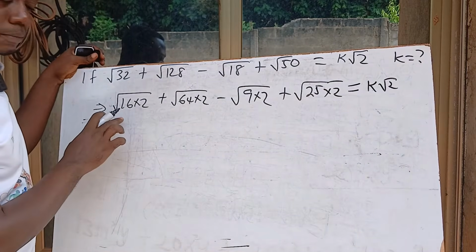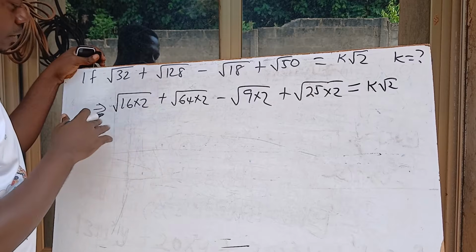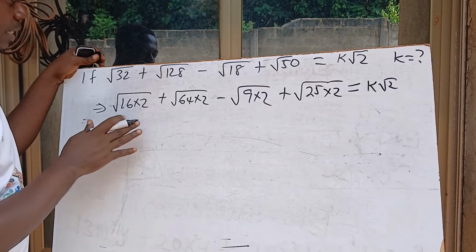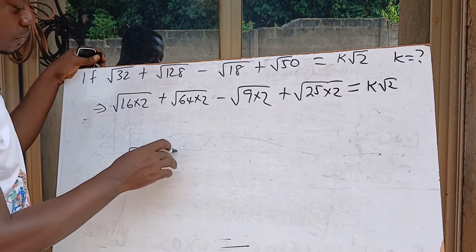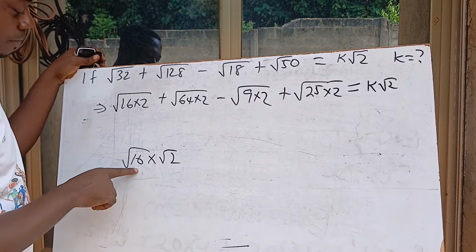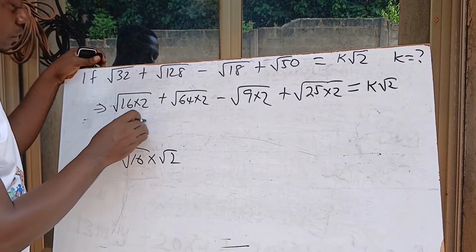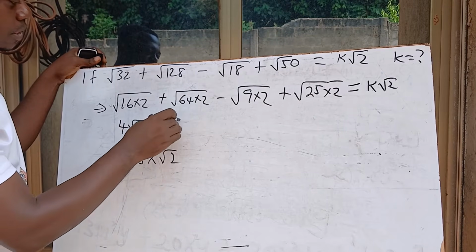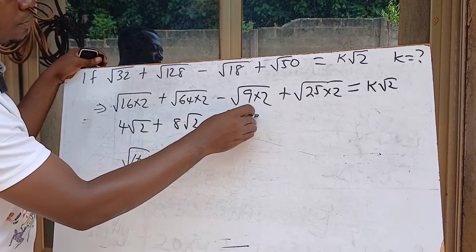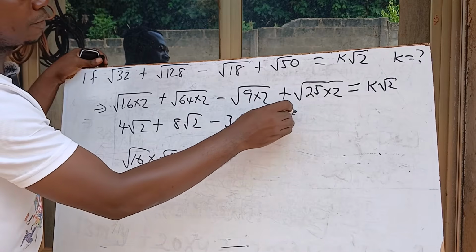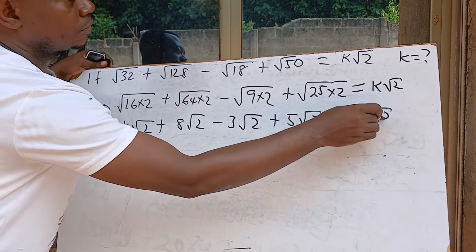Now from here, since this one can be split as square root of 16 times square root of 2, I don't want to waste time. I'll write this one as 4 root 2, and this one will be 8 root 2, and this one will be 3 root 2 plus 5 root 2 equals k root 2.